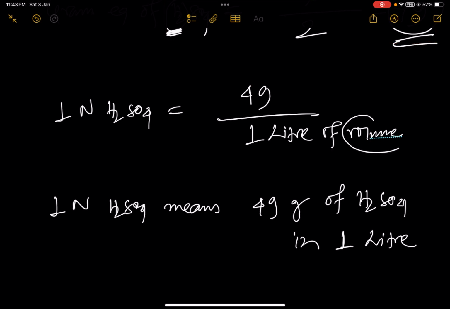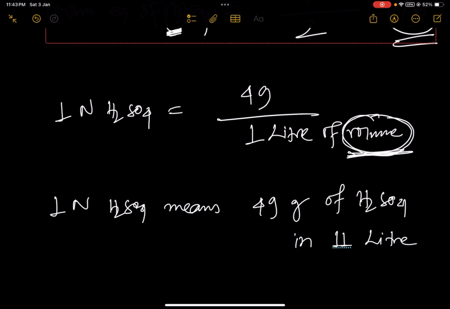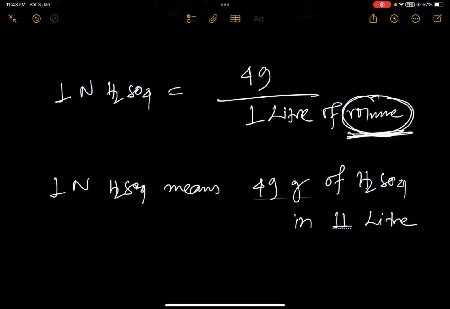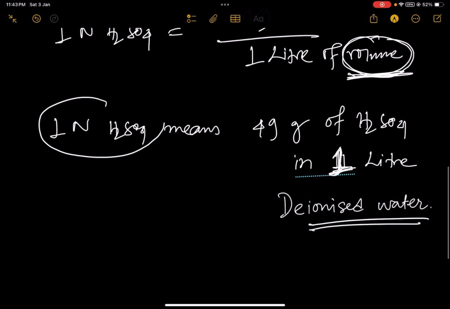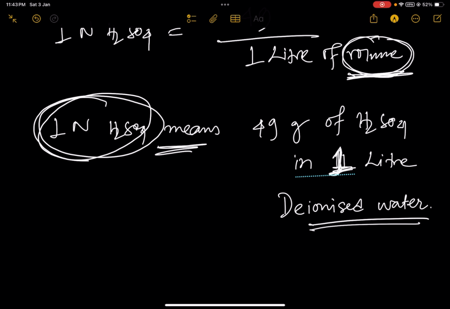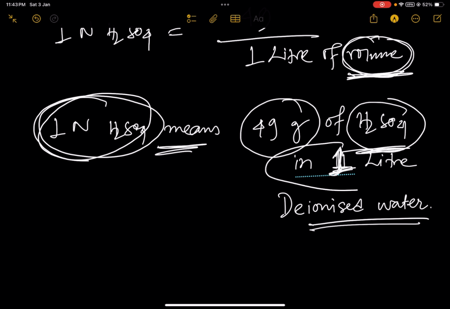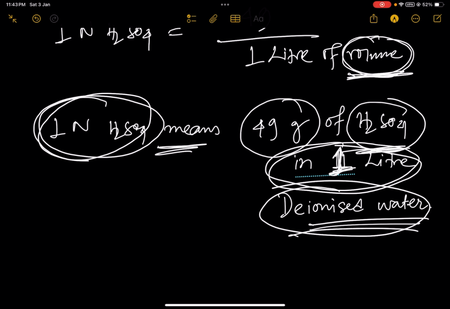The volume here is of a particular solution. Okay, in 1 liter. So the solvent for this is deionized water. So one normal H2SO4 means 49 grams of H2SO4 in 1 liter of deionized water. You got my point?